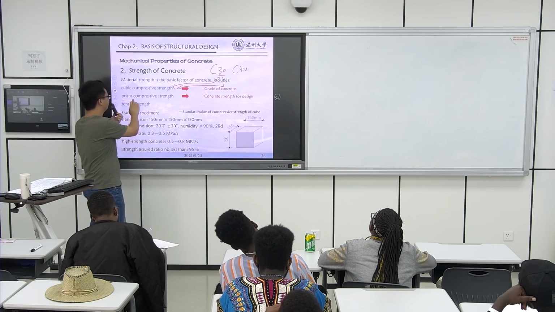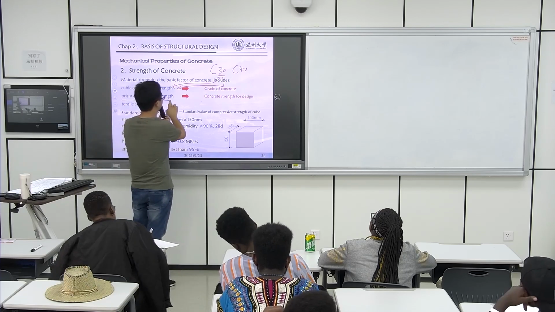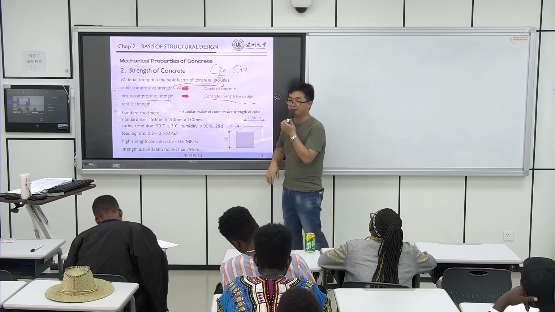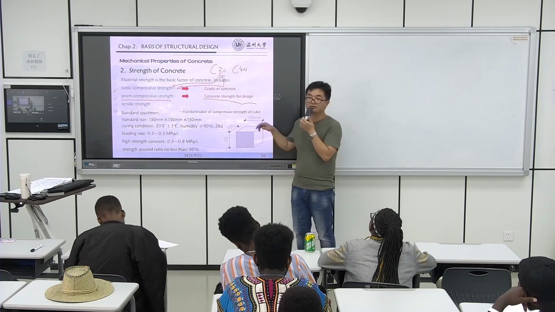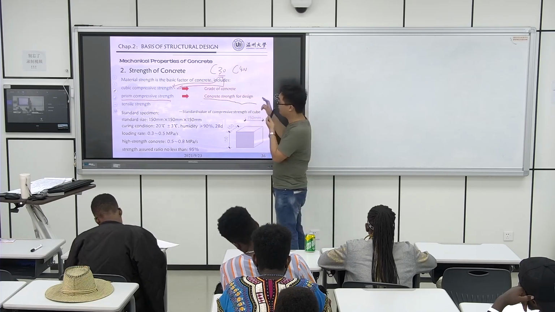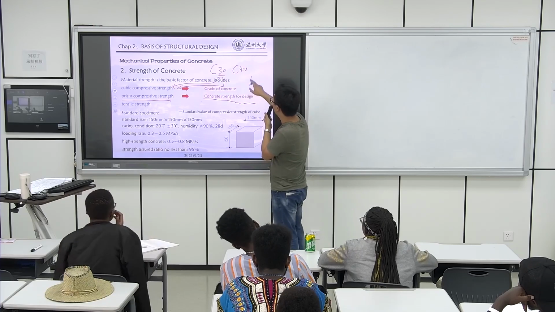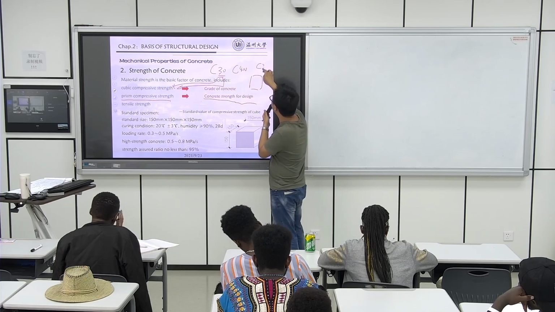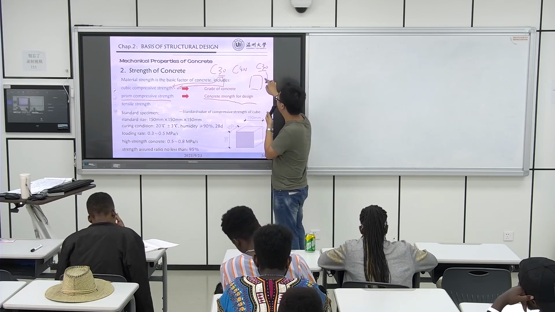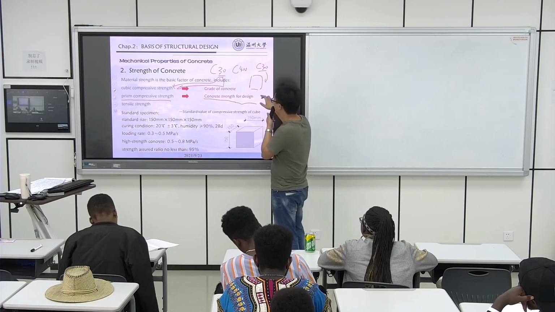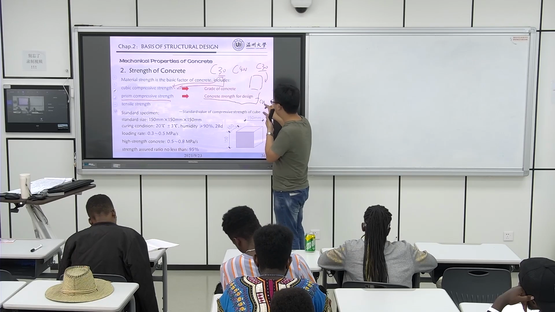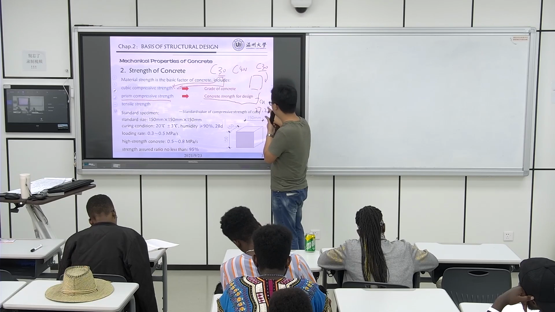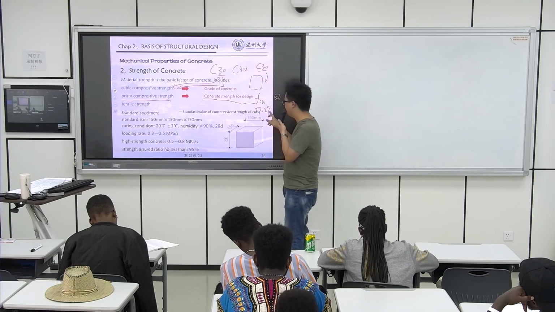For prism compressive strength, this is the concrete strength for design. In the future, if we use C30 concrete, we will use maybe 22.29 for design.